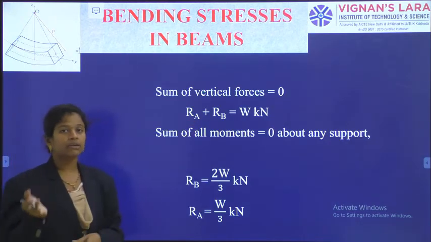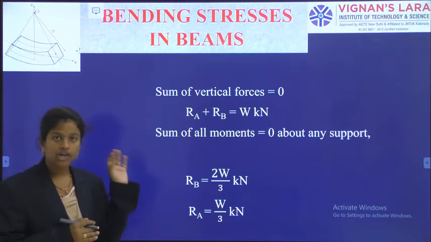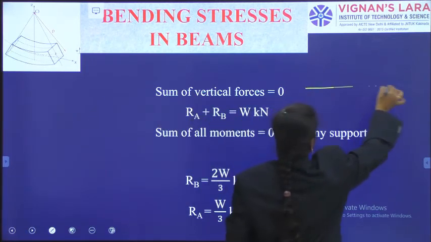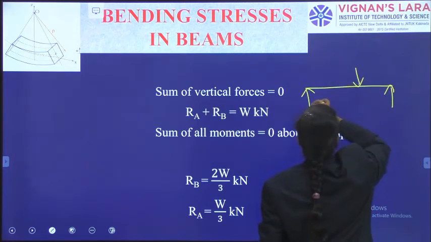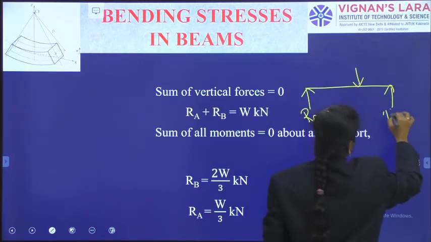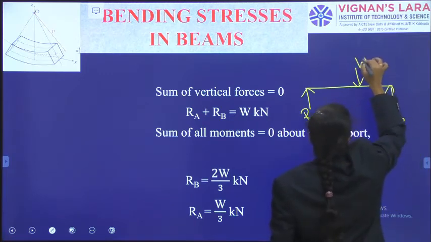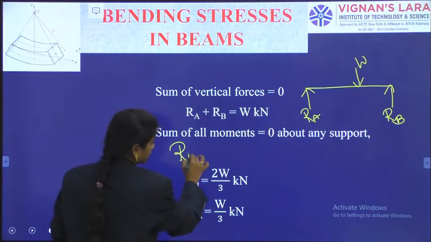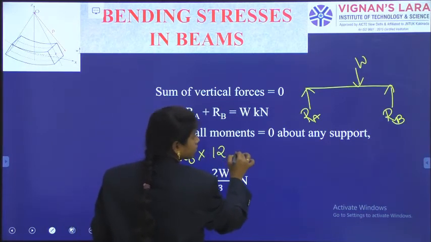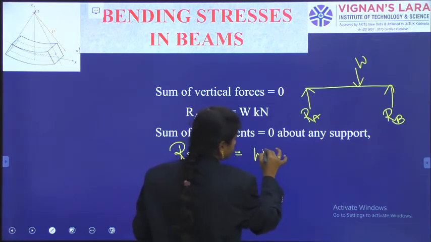Either you can remember WAB by L, or you can simply go with the basic condition: summation of all the vertical forces is equal to 0, so RA plus RB is equal to W, and summation of all the moments gives RB into 12 is equal to W into 8.